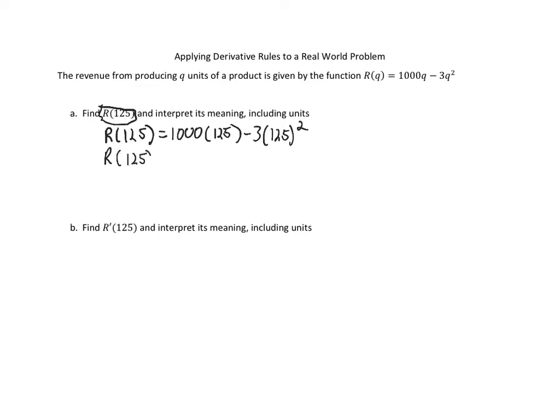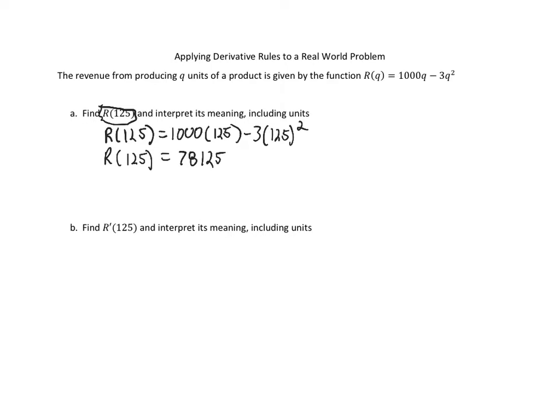And if you compute that number using your calculator, you'll get R of 125 equals 78,125.